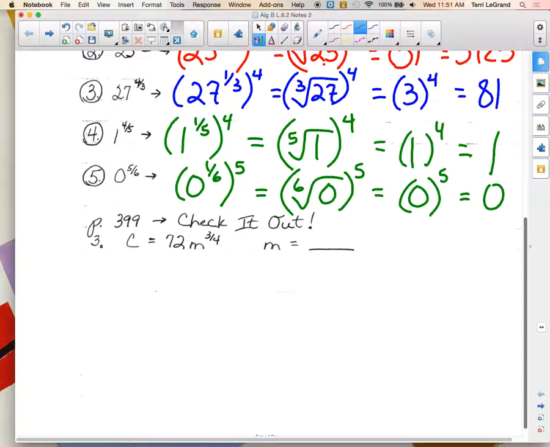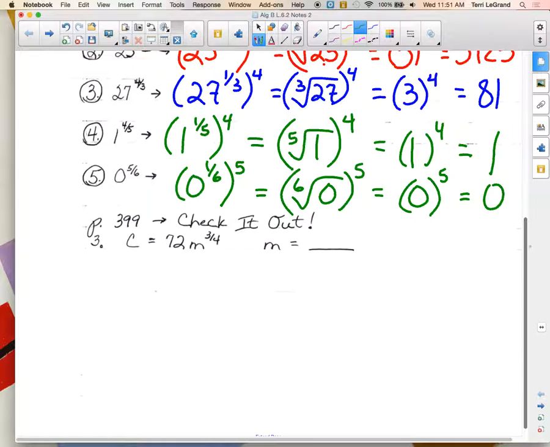So what did we learn back when we were doing the 0 property of exponents? When you take something to the 0 power, it will be 1, except which base cannot be taken to the 0 power? 0 can't be. So anything taken to the 0 power except 0 itself is 1.